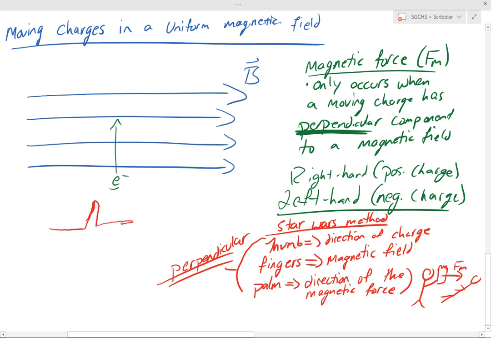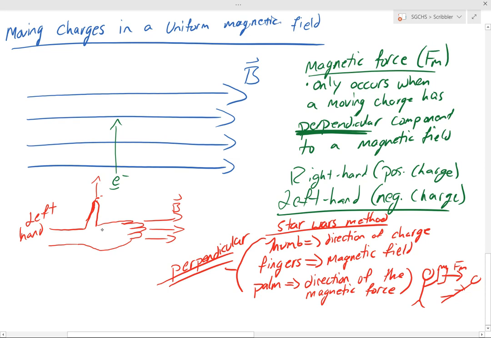So your fingers are our magnetic field right now, and our thumb is that single vector of the charge moving. Again, this is our left hand because it is a negative charge.